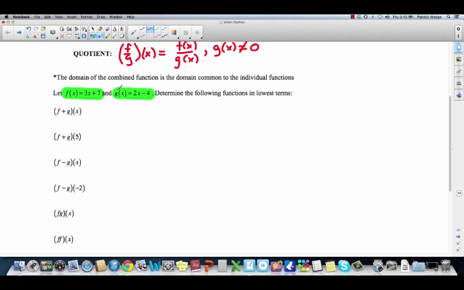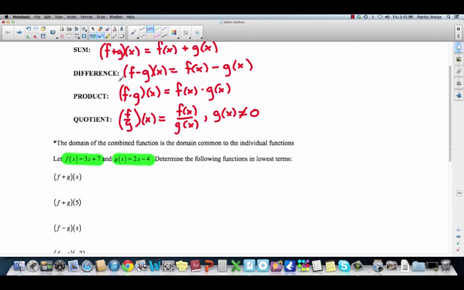What do we get? Well, if you look up above, it says that f plus g of x is equal to f of x plus g of x. So if we want to know what f plus g of x is, all we have to do is take f of x and add on g of x. Well, what's f of x equal to? It says right here, f of x is equal to 3x plus 7.